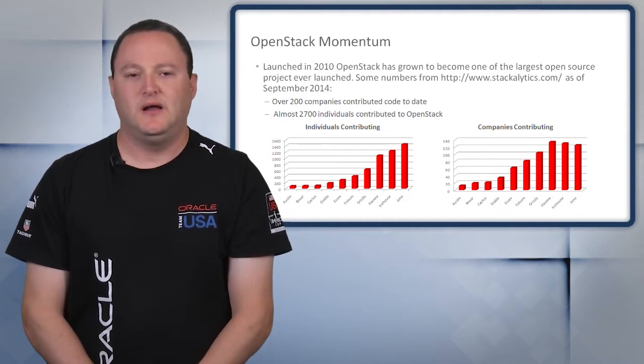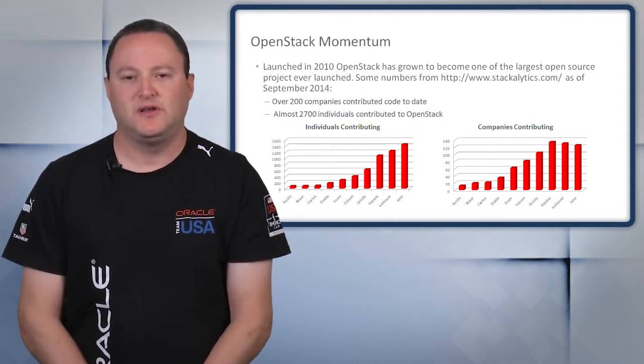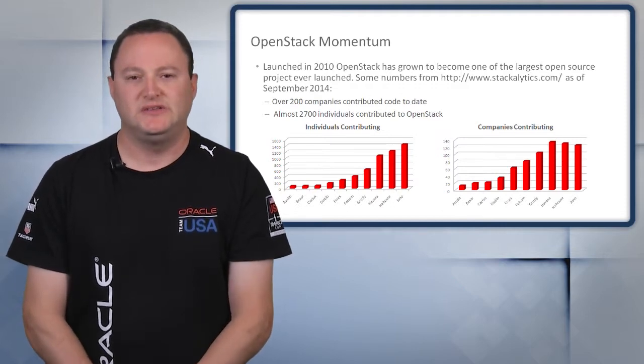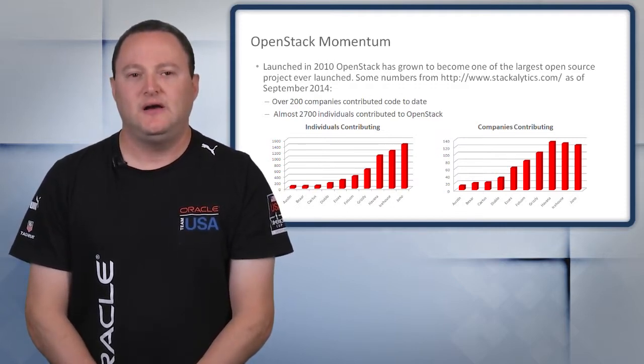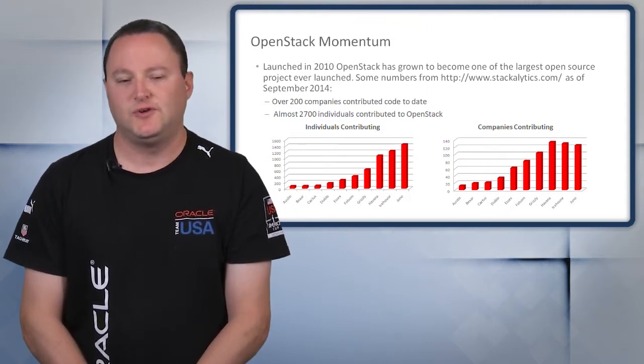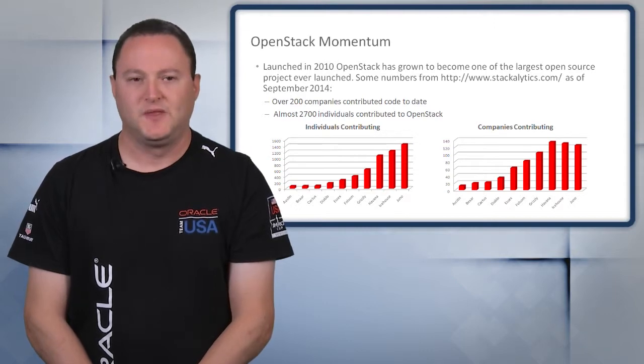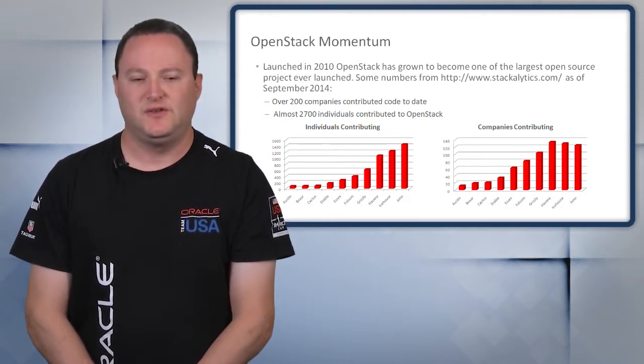Today, in the last release, and we are slightly before the June release, there are 1,450 different individual contributors who contributed code to the OpenStack project. And we see this trend continues at a very rapid pace.